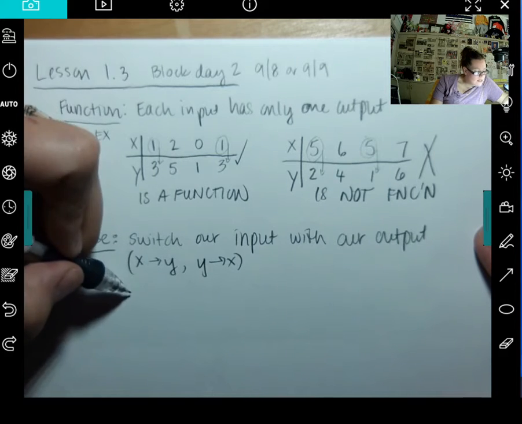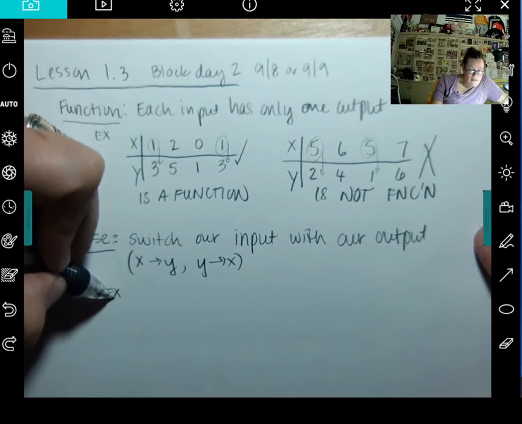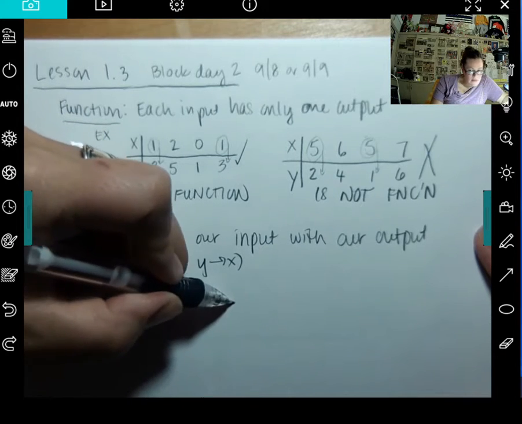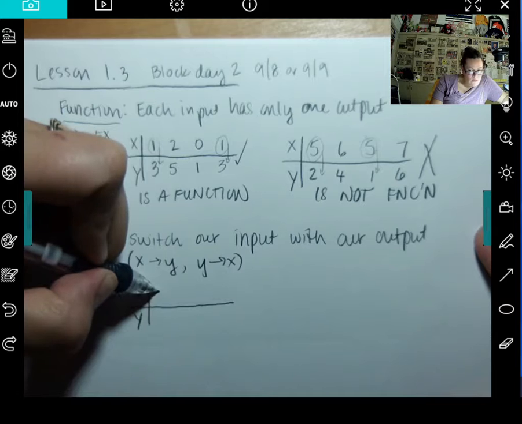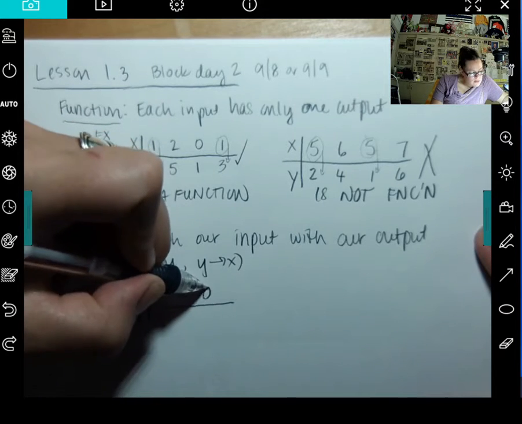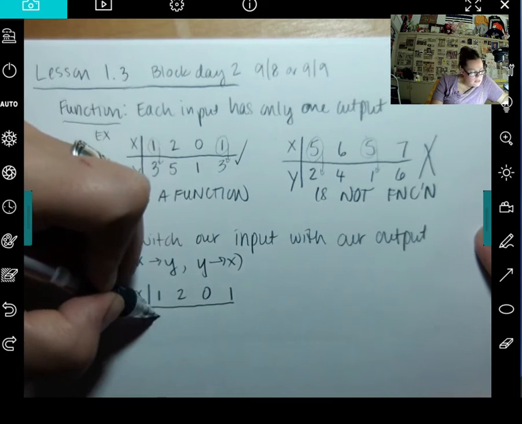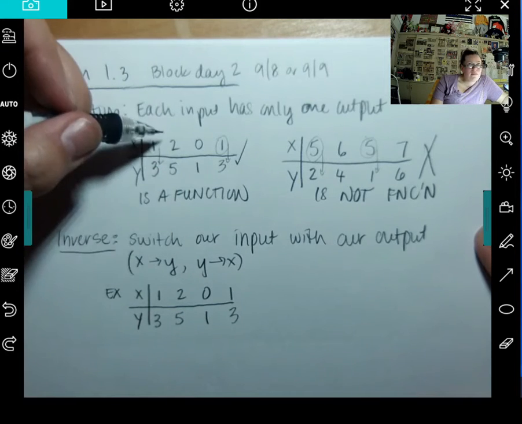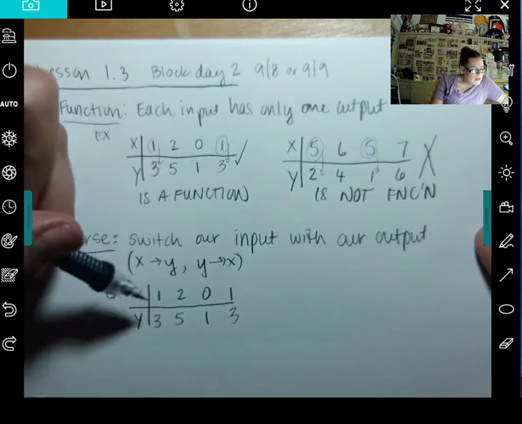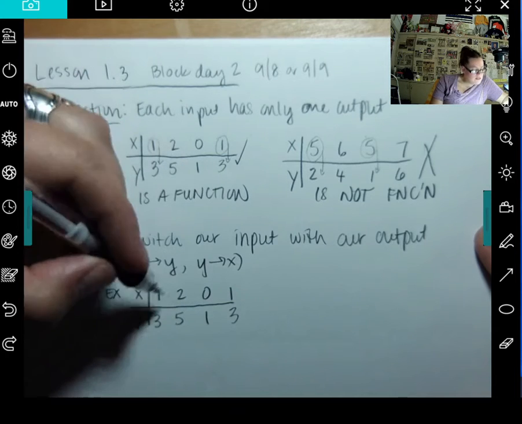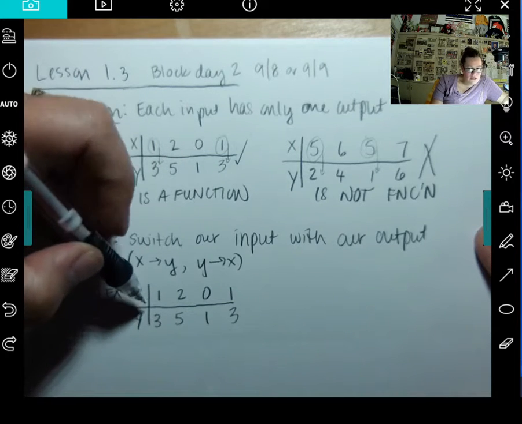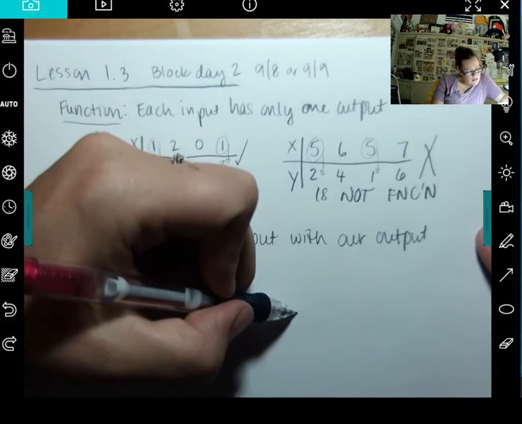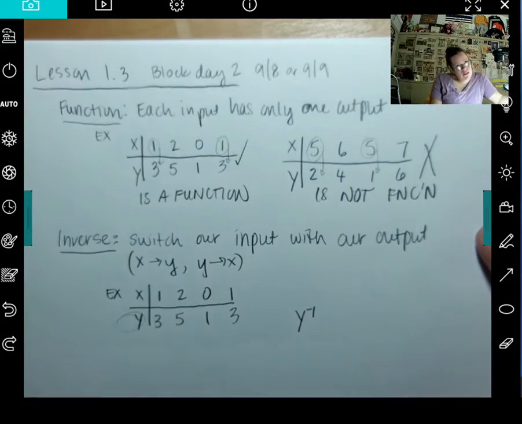So let's look at an example of this. We have the XY table: 1, 2, 0, 1, and the output is 3, 5, 1, 3. I just copied that table that I had right up here. So the inverse of this function, we'll call it y to the -1.